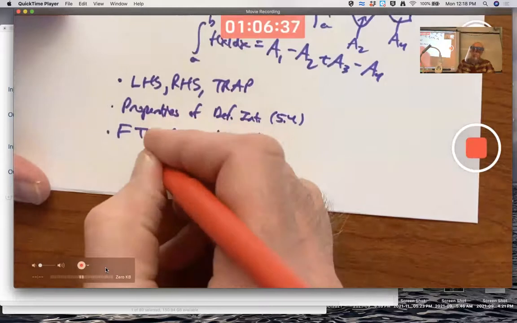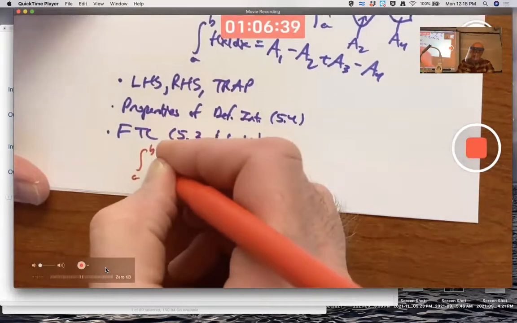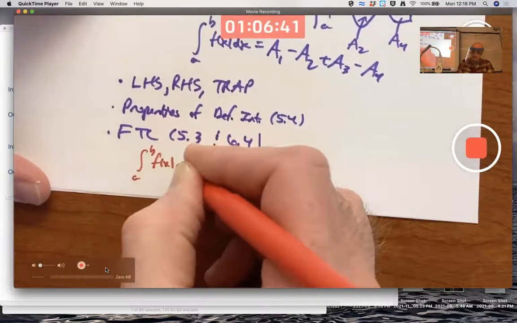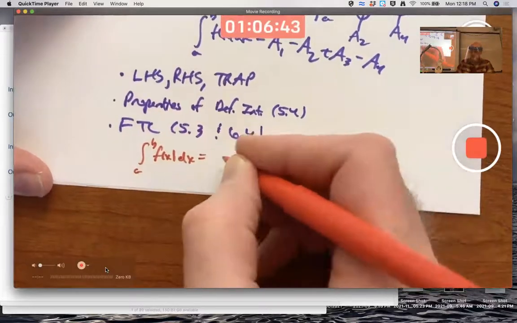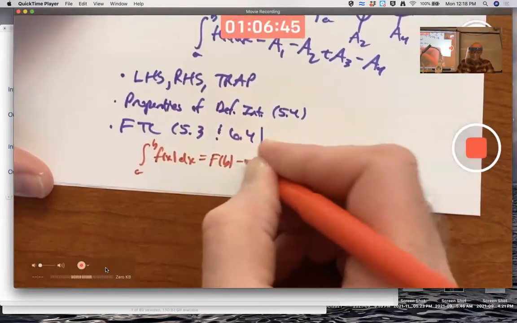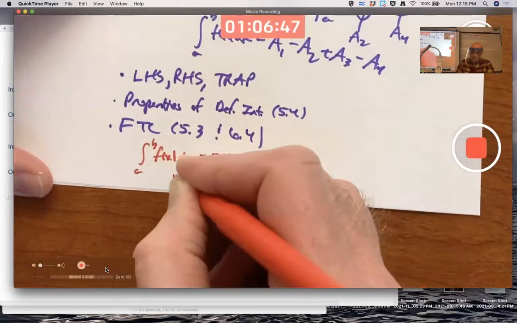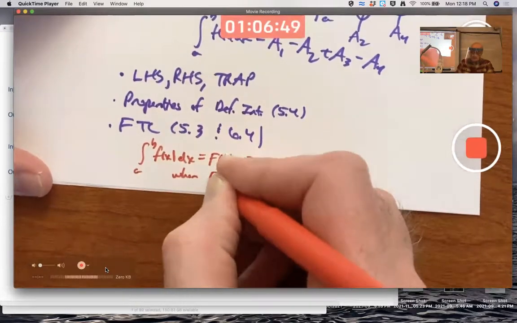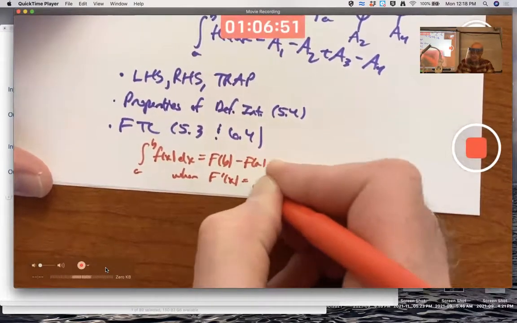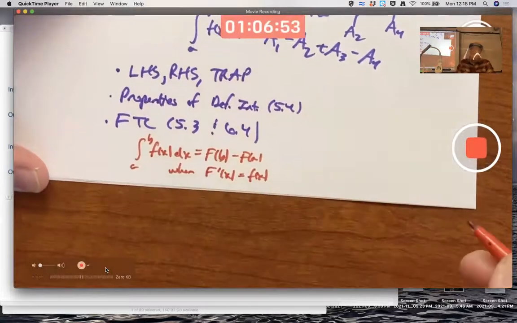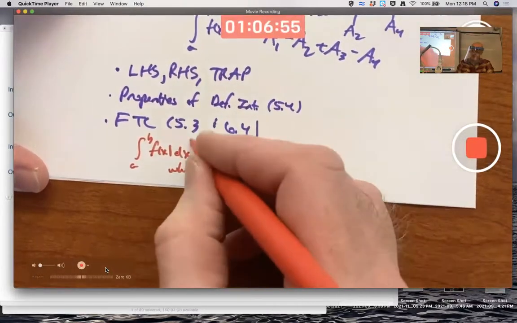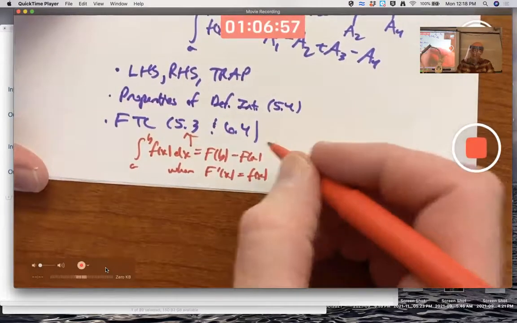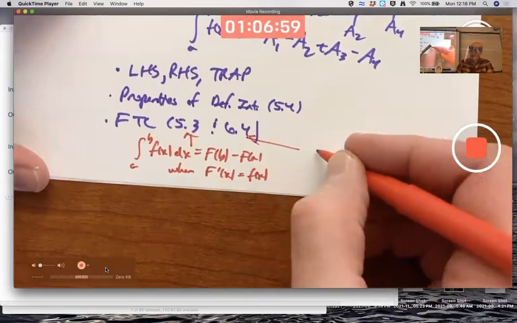That's this one. Do this when capital F prime of x always equals little f of x. That's in section 5.3. The one in section 6.4 was the harder one to understand.